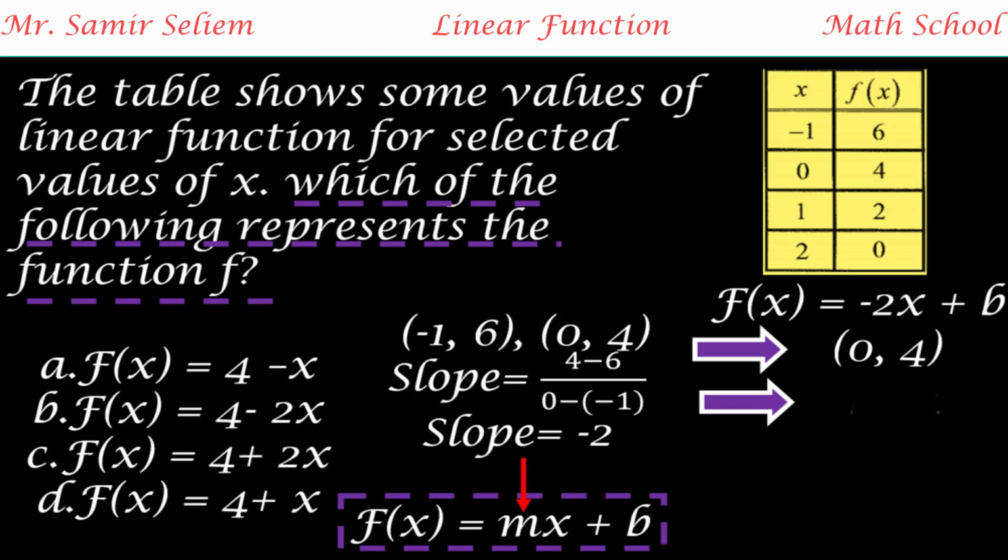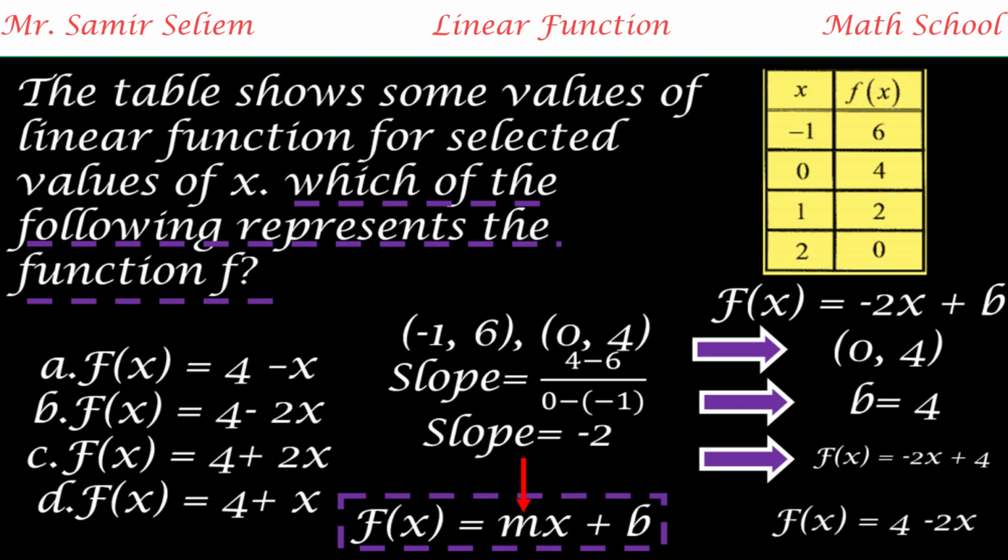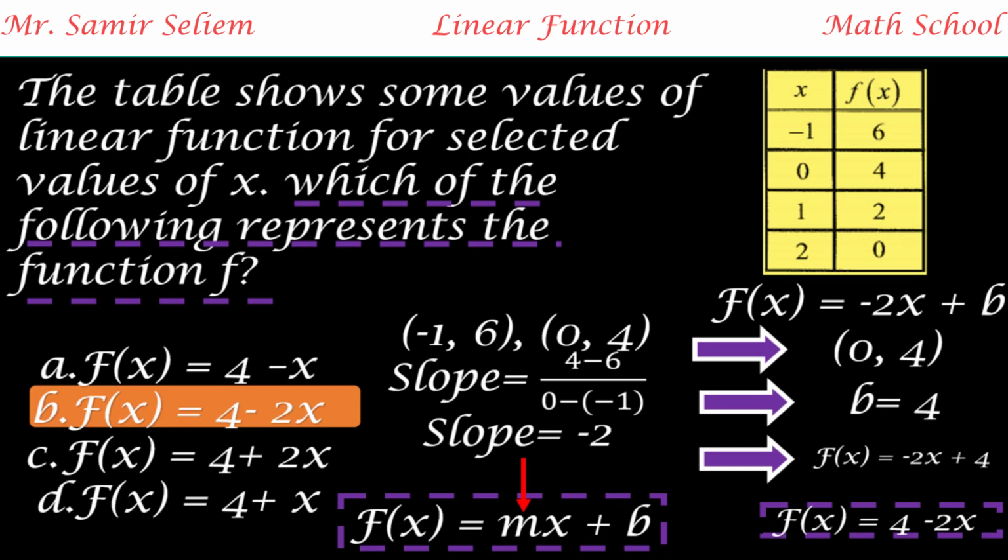So b equals 4. The function is f of x equals negative 2x plus 4, which we can write as 4 minus 2x. So the option is B, f of x equals 4 minus 2x.